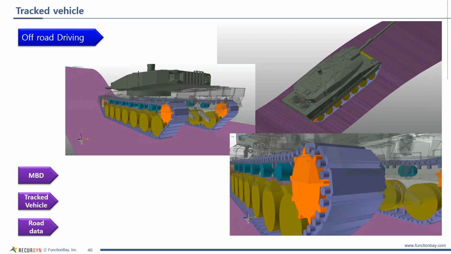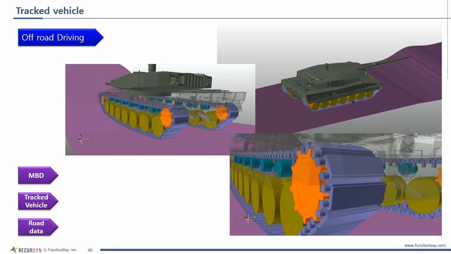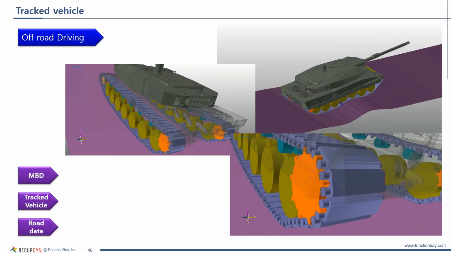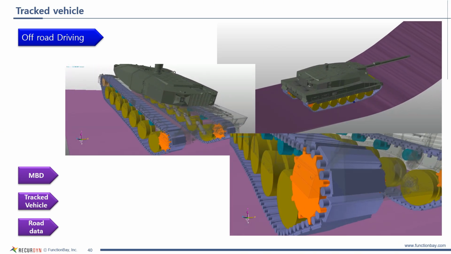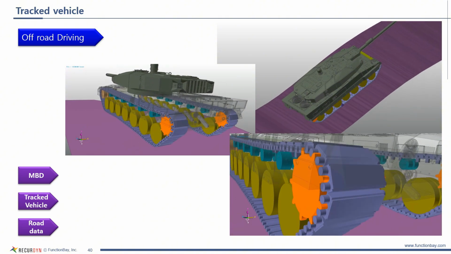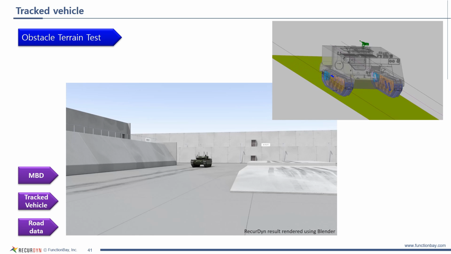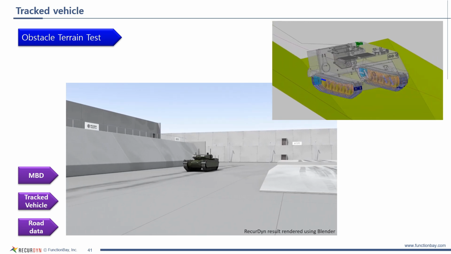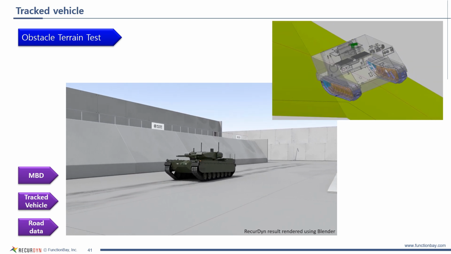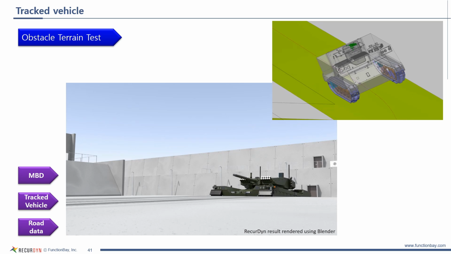The most important part of a track vehicle dynamic analysis is how quickly and accurately the track assemblies with many degrees of freedom can be analyzed. In this regard, RecurDyn has the most exceptional technologies. This video demonstrates various driving tests of armored vehicles and tanks analyzed using RecurDyn's track dynamic analysis.